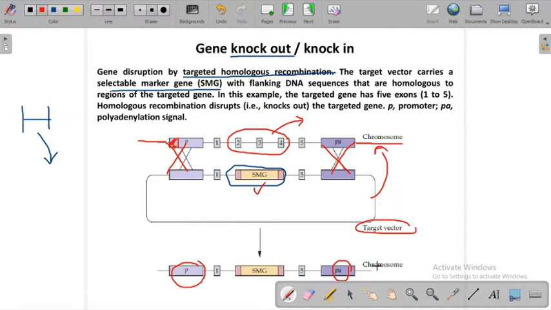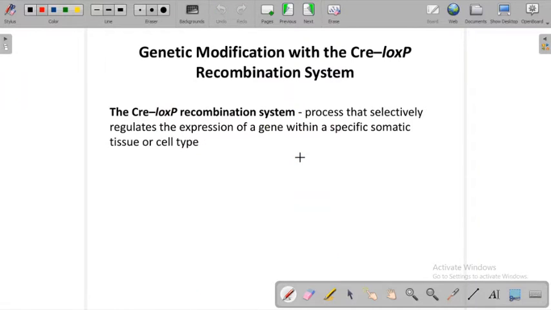This is called knockout, because we are disrupting this gene material. We are taking out genes, and in another way we are adding a new gene by discarding the existing genes. We are adding the selectable marker gene instead of genes 2, 3 and 4. That process is called knock-in. I hope you got this one.